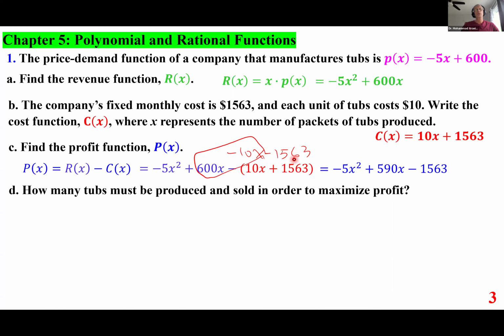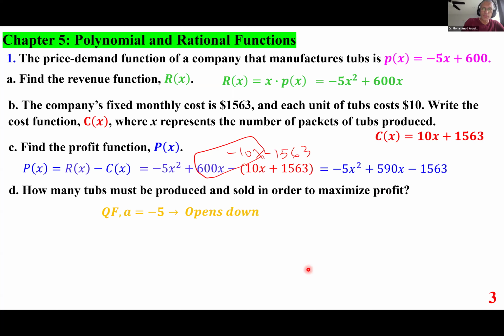How many tubs must be produced and sold in order to maximize profit? Notice this is a quadratic function. A is negative, so it opens down.